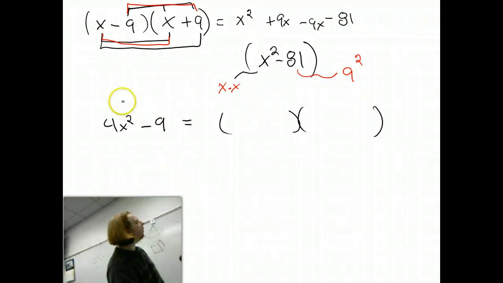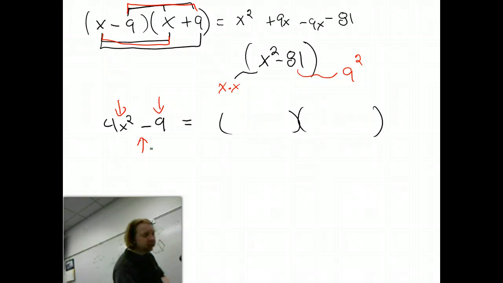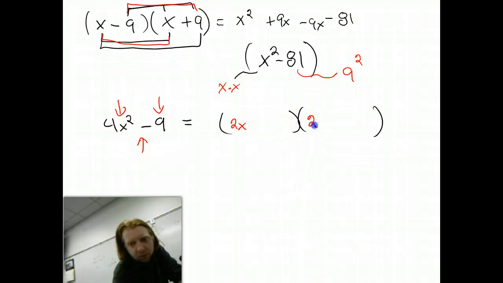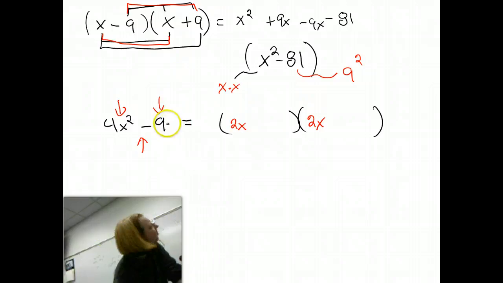Since these are both perfect squares, and I subtracted them, what's the square root of 4x squared? 2x. So 2x and 2x. Square root of 9? 3. So let's do a plus 3 and let's do a minus 3.